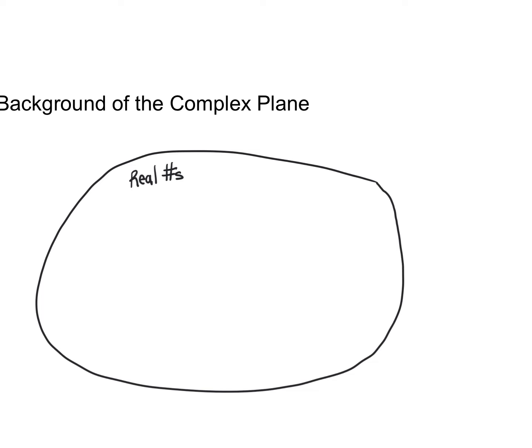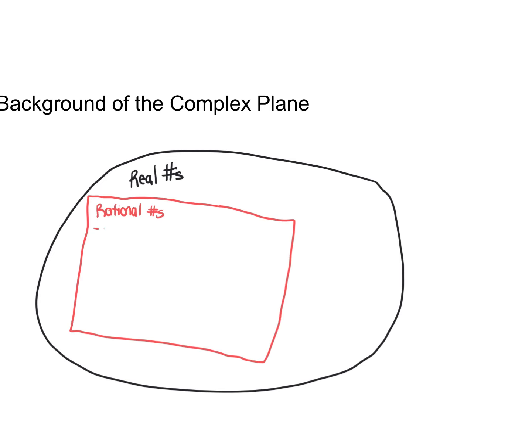Okay, so before we discuss the complex plane, it's important to really establish where the complex plane comes from. So far in mathematics, we've seen the real numbers, and the real numbers include rational numbers.